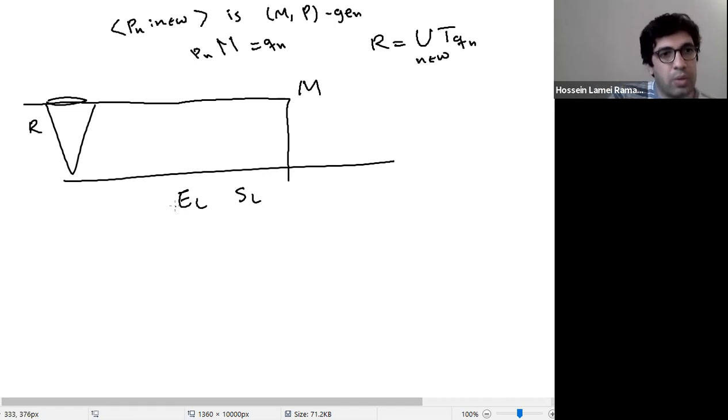Because when you have extra top elements, you want those top elements to be sent to some elements in these branches, so the elements of these are like phi P and FP.